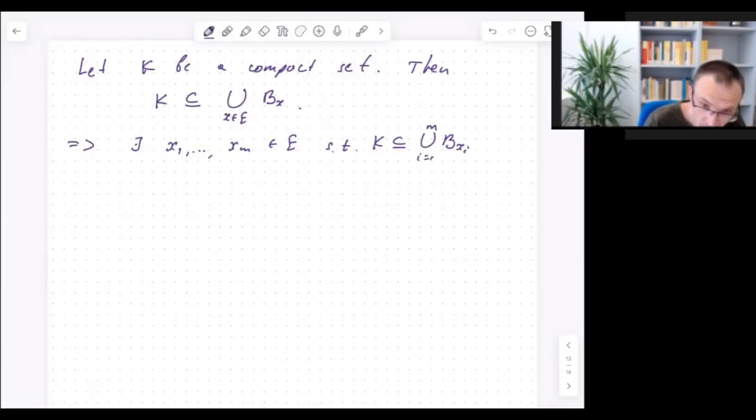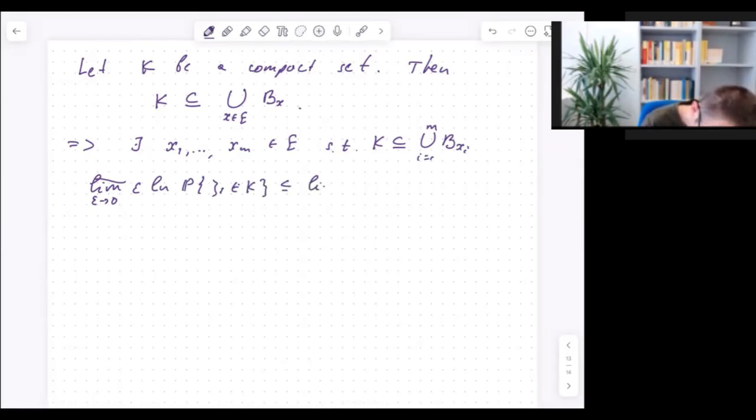And then writing the limit as epsilon goes to 0 of epsilon logarithm of the probability that psi epsilon belongs to K, it is less or equal than the limit of epsilon logarithm. We actually repeat the proof of one of the statements which we had a long time ago, about how having the estimate for a ball, we can get the corresponding estimate for compact sets.